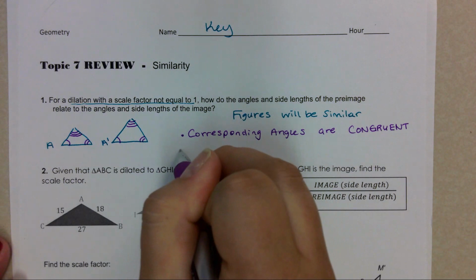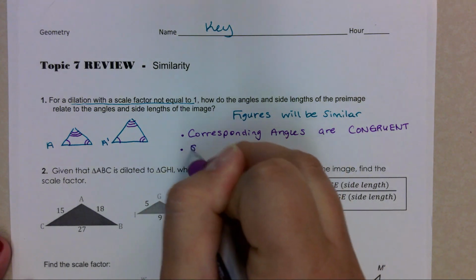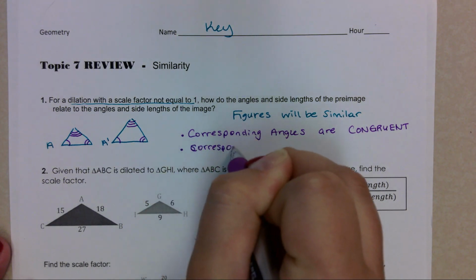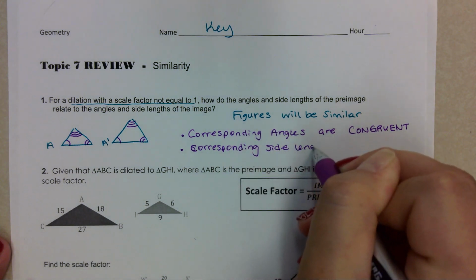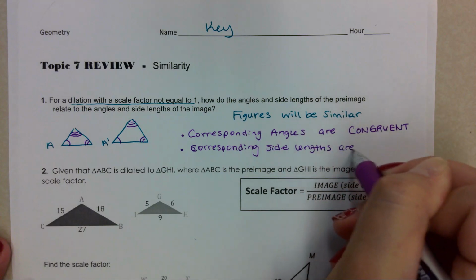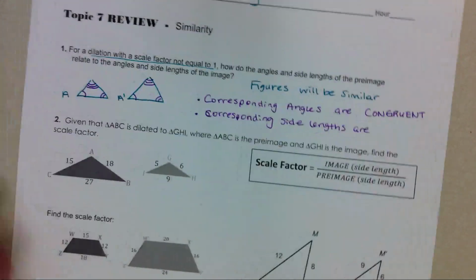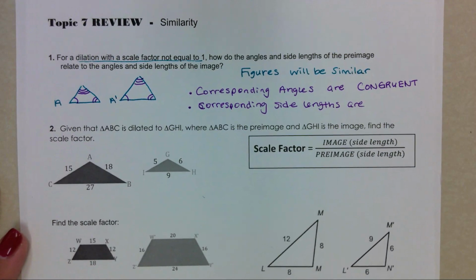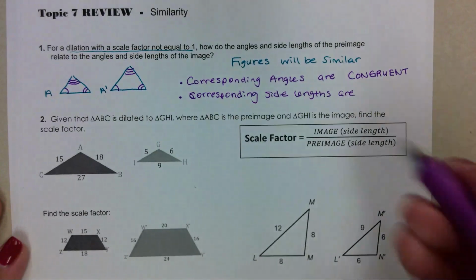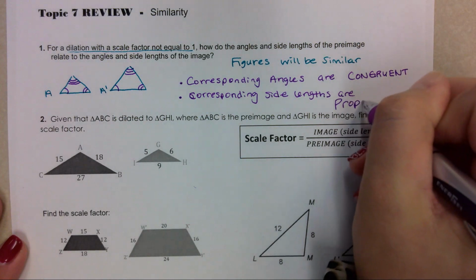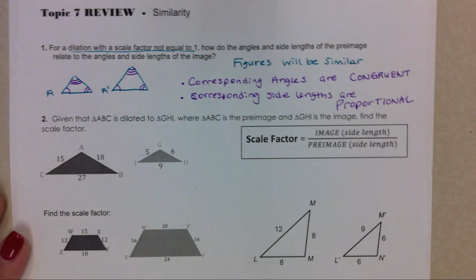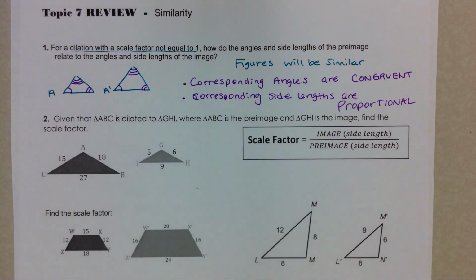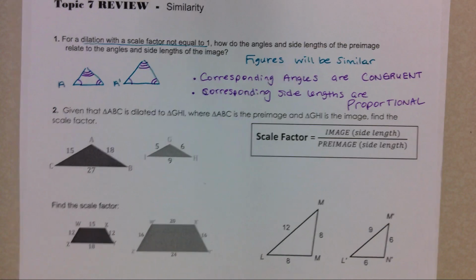And then corresponding sides are not congruent because it's a dilation, so the corresponding sides will either be bigger or smaller, but they will be proportional. So angles are congruent, sides are proportional. All right? Okay, number 2.